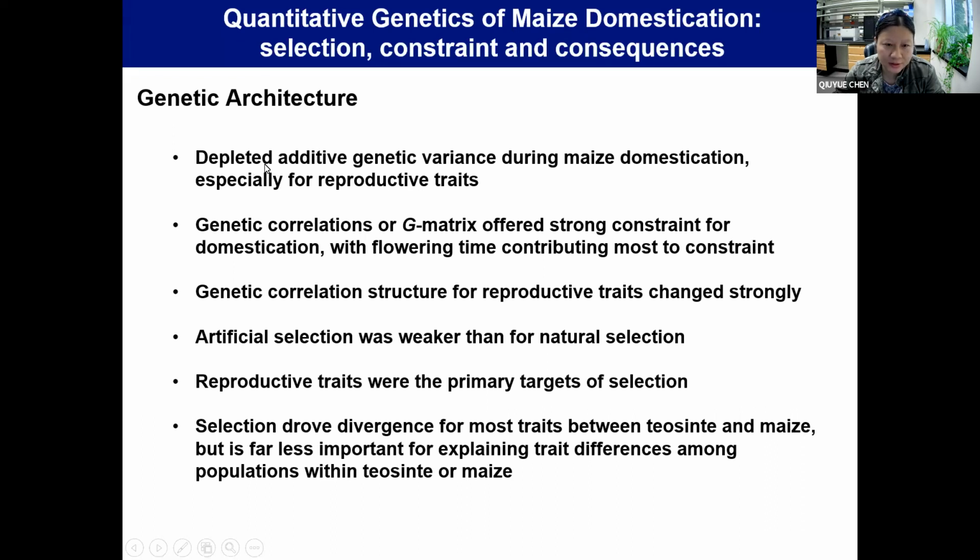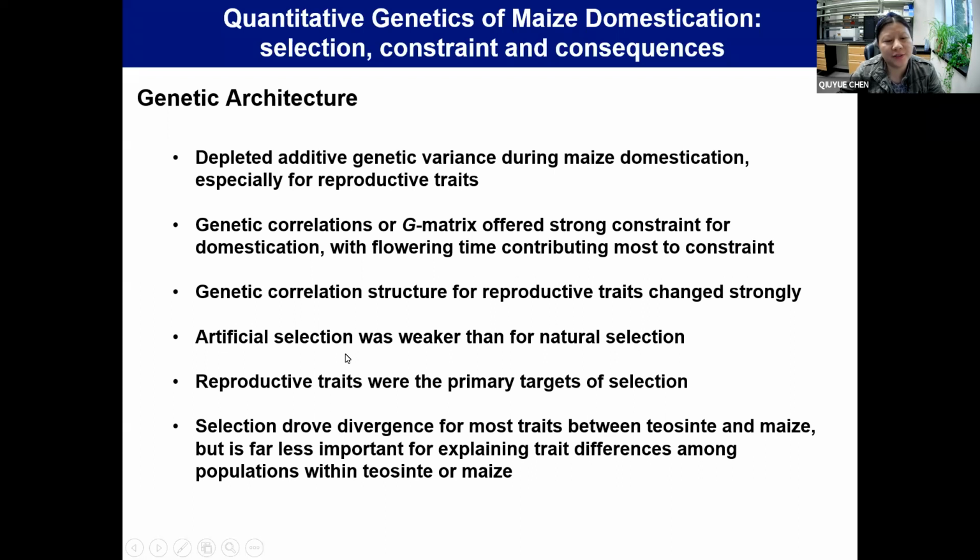First, there is depleted additive genetic variance during domestication, especially for reproductive traits. And the second is that genetic correlations, or the G matrix, offer strong constraint for domestication, with flowering time contributing most to the constraint. And genetic correlation structure for reproductive traits has changed strongly.